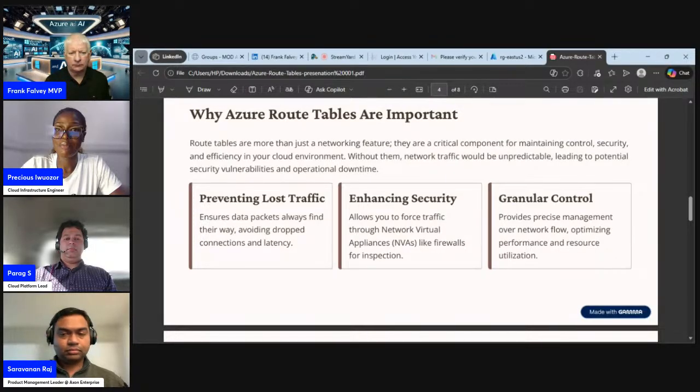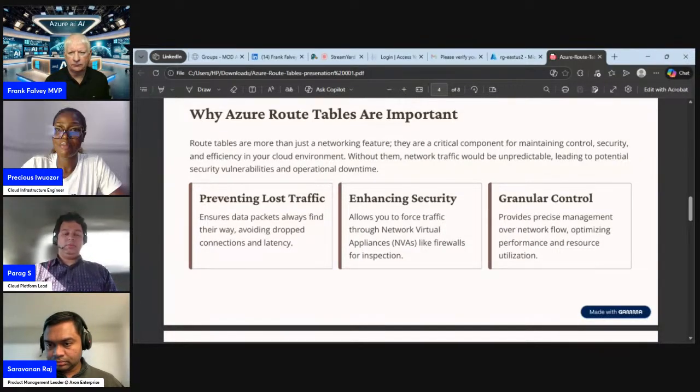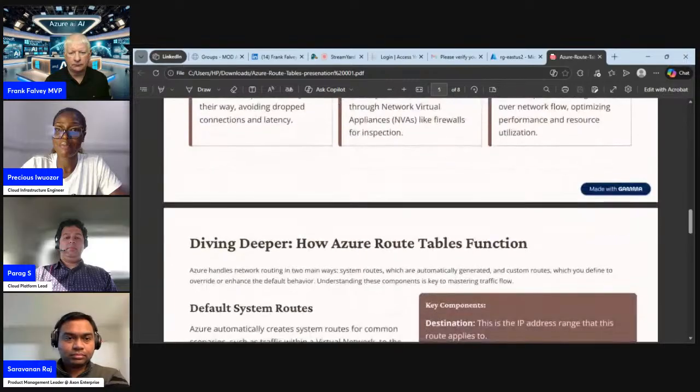Route tables ensure data packets always find their way, avoiding dropped connections and latency. Also, it enhances security, allowing you to force traffic through network virtual appliances like firewalls for inspection. It also gives granular control. Route table provides precise management over network flows, optimizing performance and resource utilization.